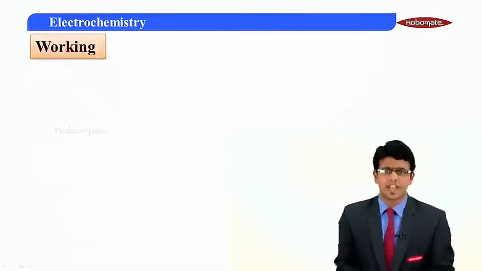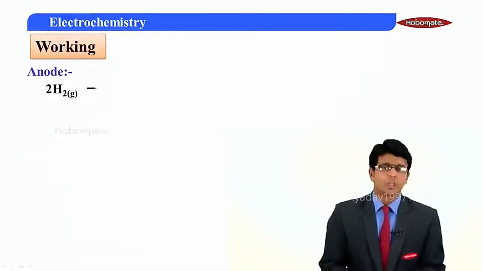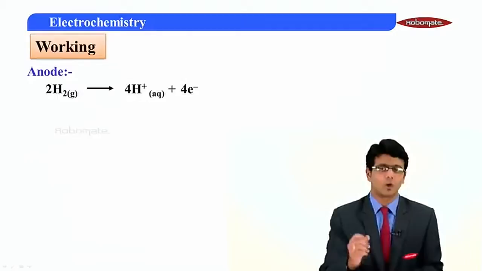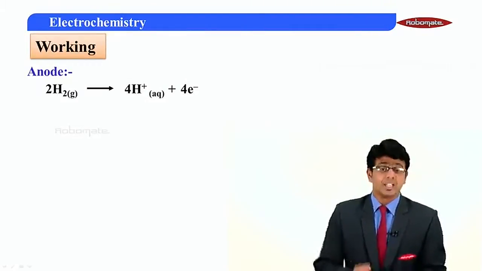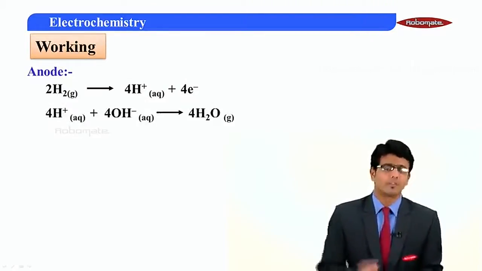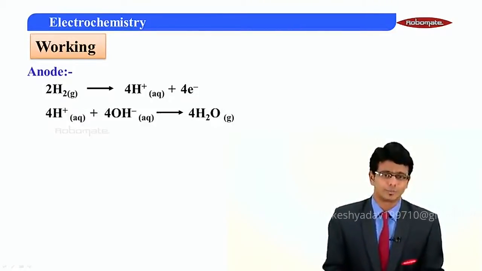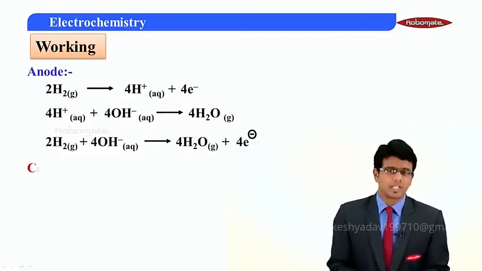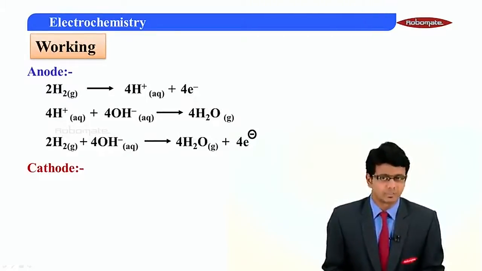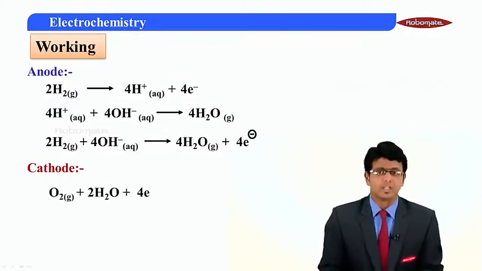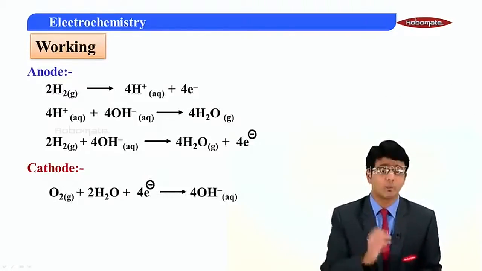So let us have the cell reaction. At anode, 2H2 gas gives us 4H plus ions plus 4 electrons, that is oxidation of hydrogen gas. These 4H plus ions will combine with 4 OH minus ions of the solution to give 4H2O vapors. So precisely this is the cell reaction which is taking place at anode. Now cathode would be reduction of oxygen gas in presence of water.